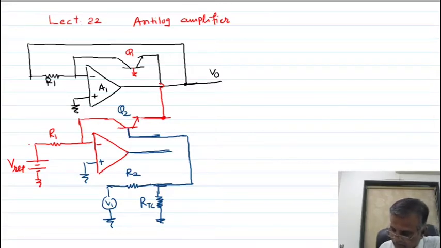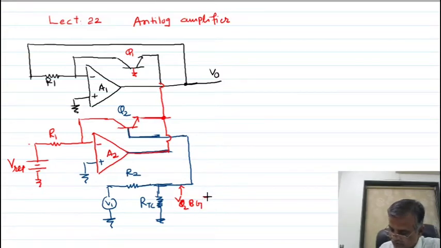And this is connected to the output of op-amp A2. Look here, this is the base voltage of transistor Q2 with respect to ground.